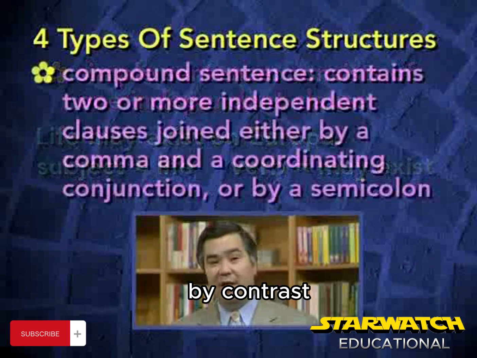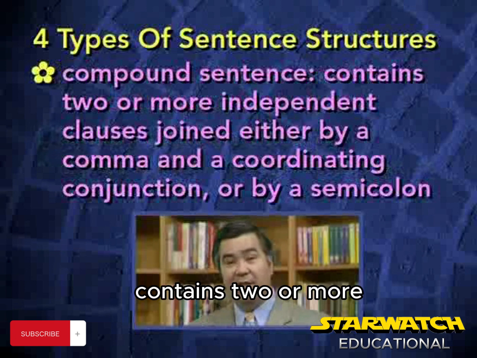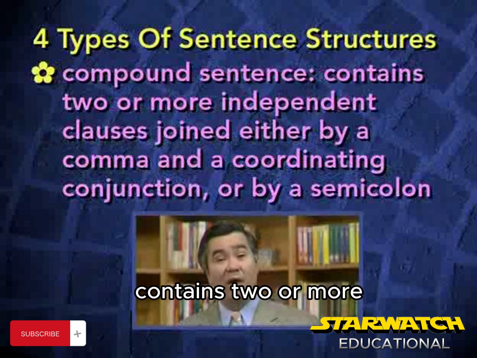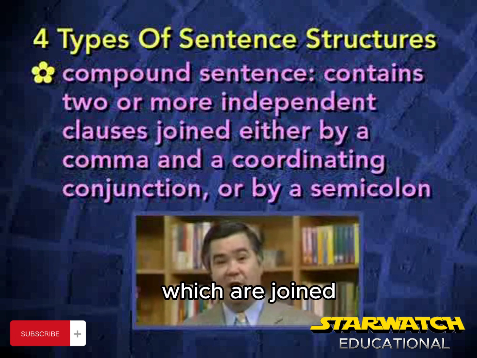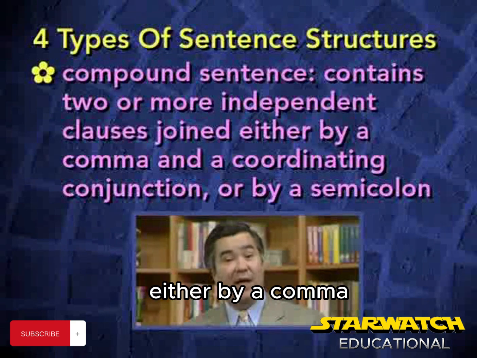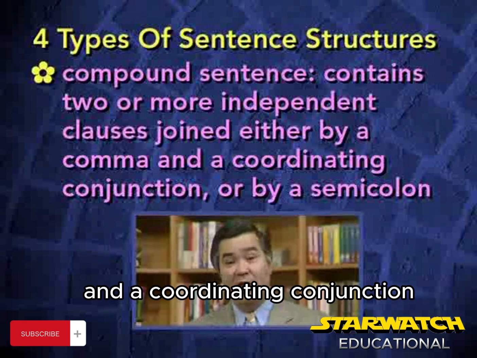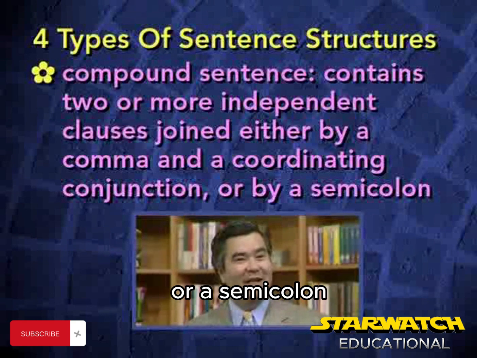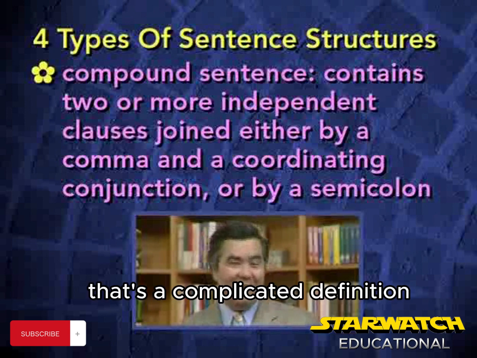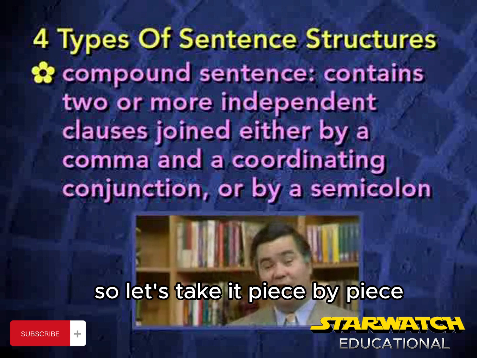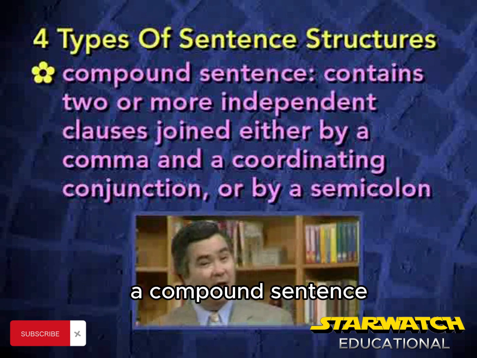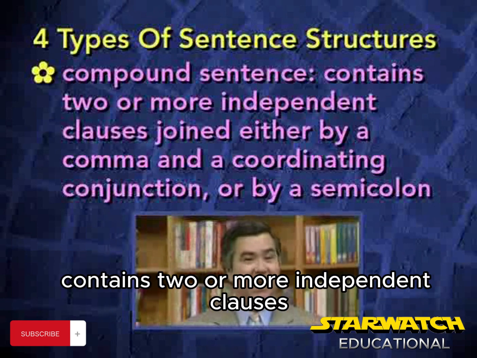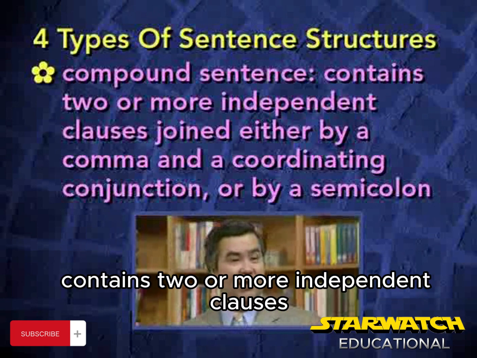By contrast, a compound sentence contains 2 or more independent clauses, which are joined either by a comma and a coordinating conjunction or a semicolon. That's a complicated definition, so let's take it piece by piece. A compound sentence contains 2 or more independent clauses.